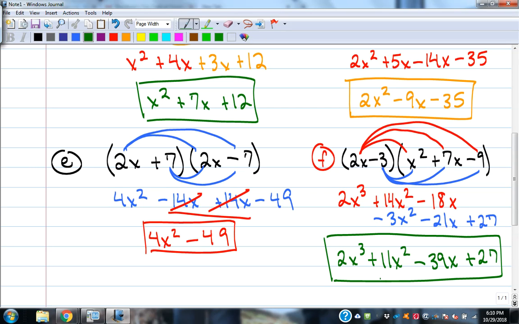Bam. Multiply a binomial times a trinomial in that case. 2 terms times 3 terms. That's a binomial times a trinomial. Not that that matters as to what it's called. It's just helping you learn some terms there. Okay? Not hard. Pretty easy.